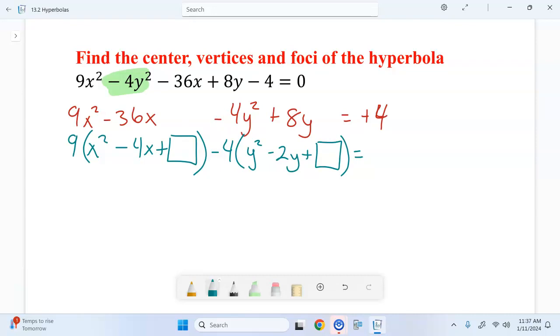Okay. On the right side, we get 4 plus, find box, minus 4 in the box. If we factor it out, negative 4. What goes in our first box?